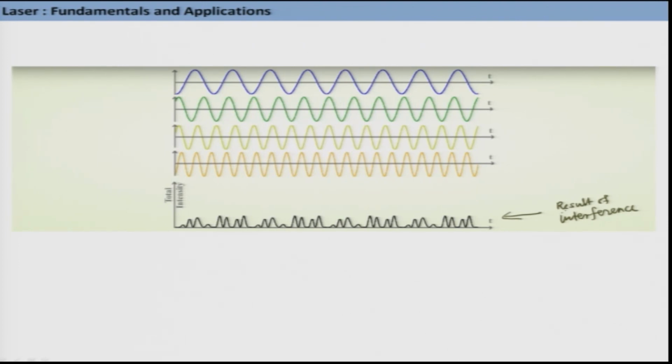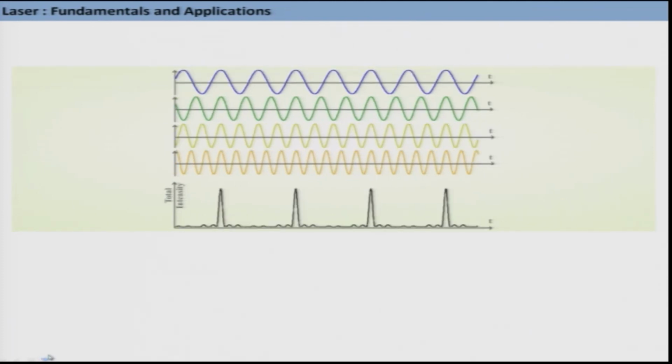Fine. So, what will mode locking do? Mode locking will bring in a phase relation between these different modes. Now look at these. You see here all of them are in phase, so they will all constructively interfere. Now, you keep going, you come here, and you see the same thing is repeated again.